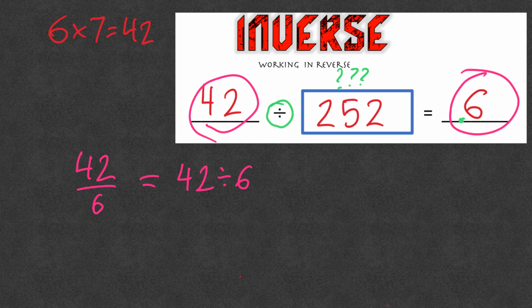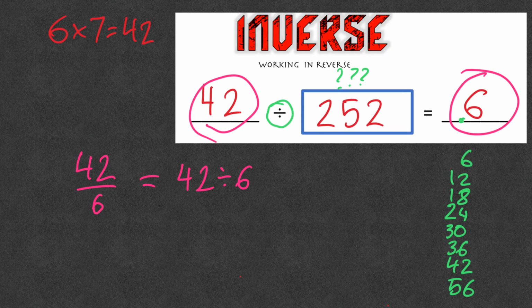And once again, I could build a tower of 6s. Sorry, I'm just going to write it quickly. It's difficult to talk and write at the same time. 6, 12, 18, 24, 30, 36, 42.